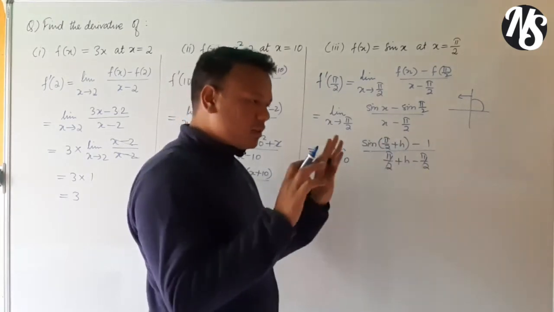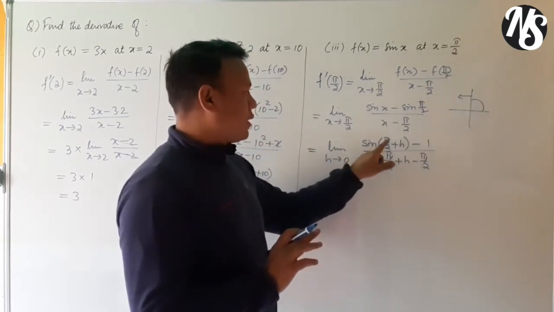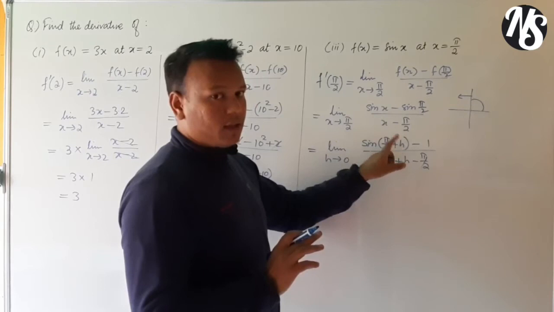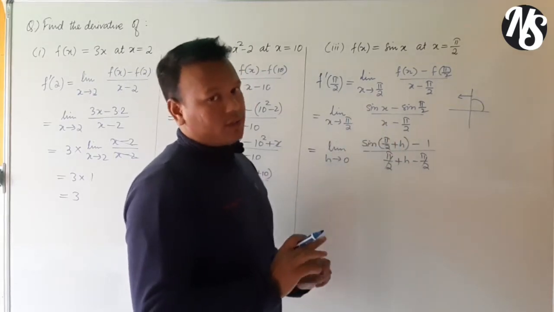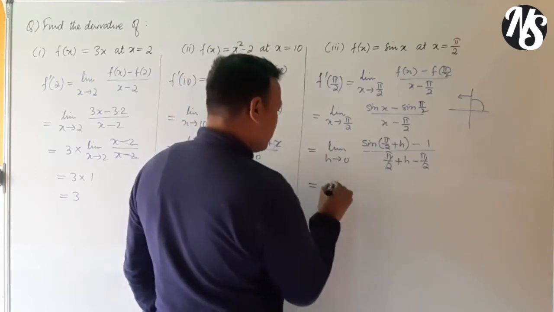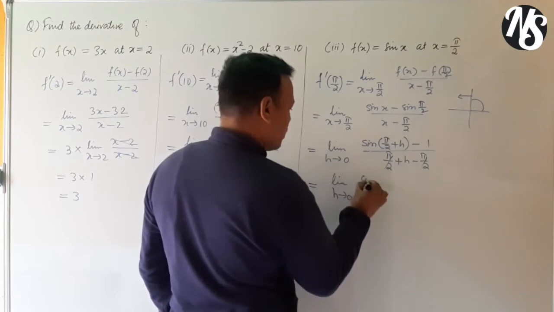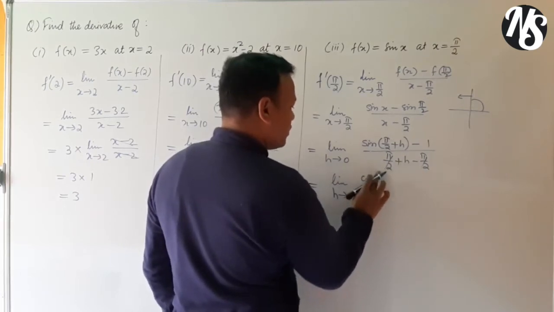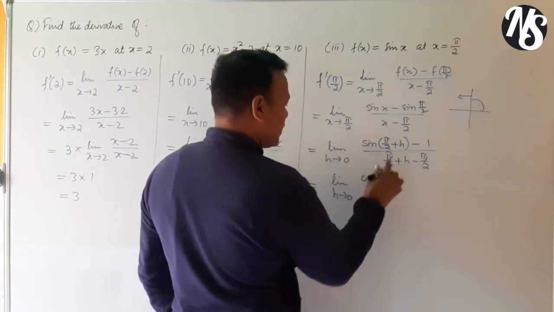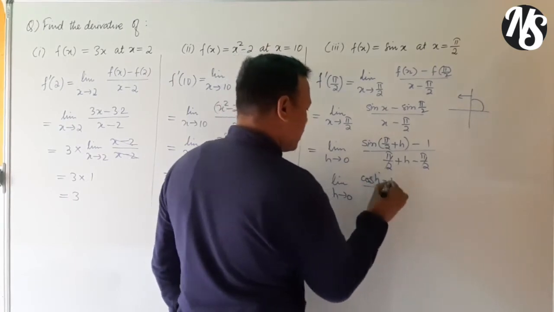If you don't understand that, the only formula that I can say here is sine(90 plus theta) will be cos theta. That's all I can say. So if I write that, then this becomes limit h tends to 0, cos theta, where theta is h. So this is cos h minus 1 divided by h.